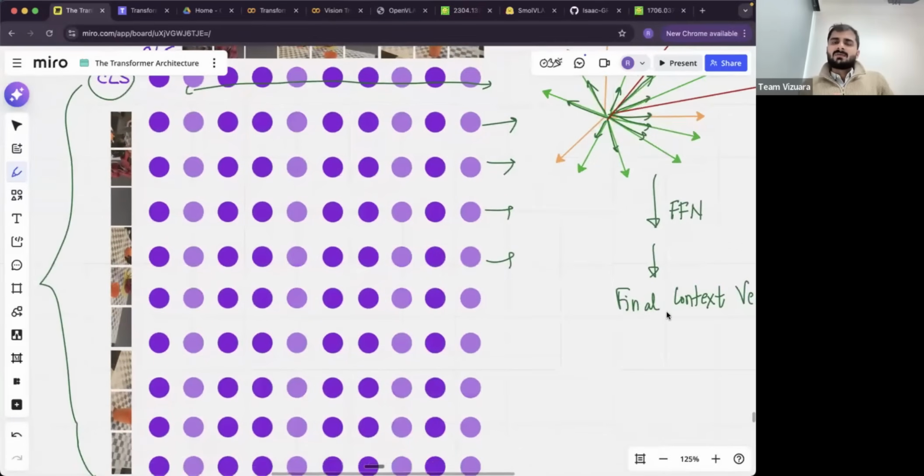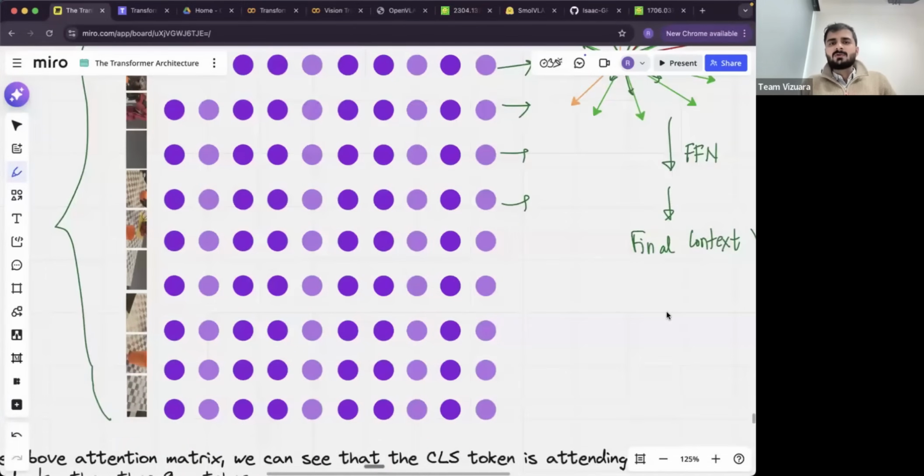Now that we have the final context vector, how do we use it to classify into different classes? We are probably missing something. Remember we started out with an example of classifying different paintings according to their artists. Here we are just getting the context vector at the end, and that too of the CLS token. How do we use that context vector to classify our images?